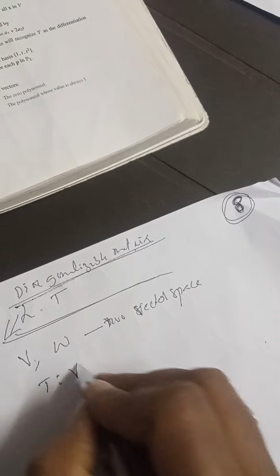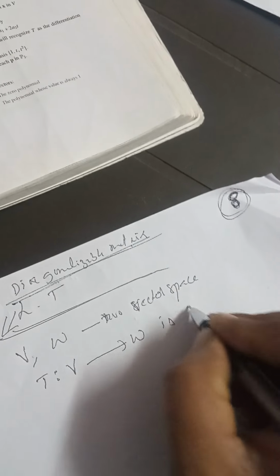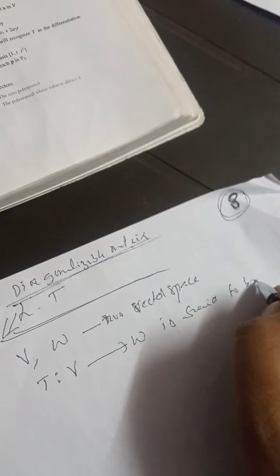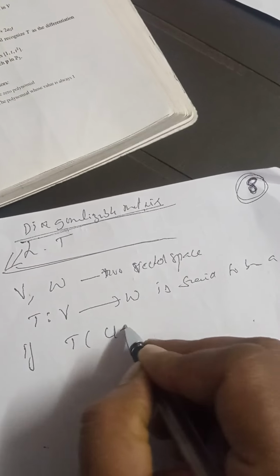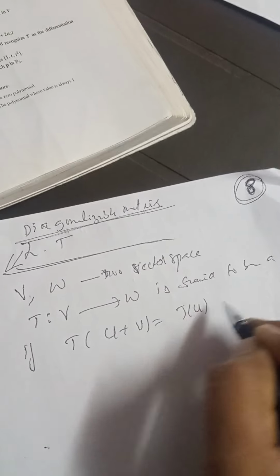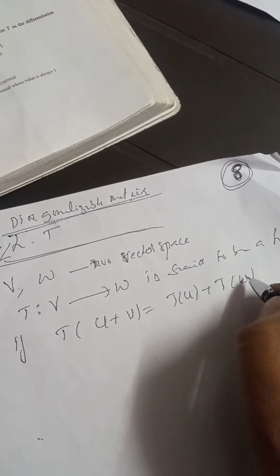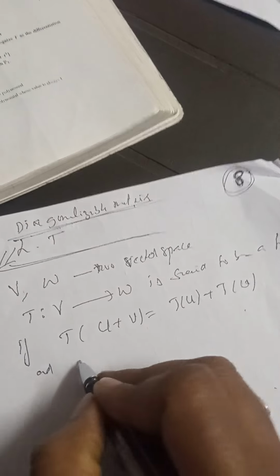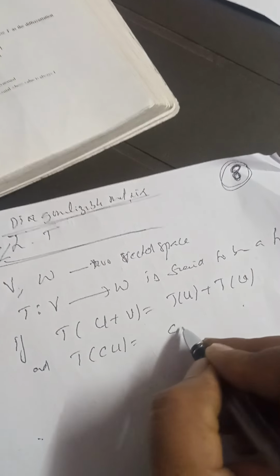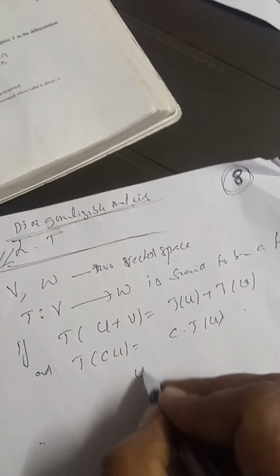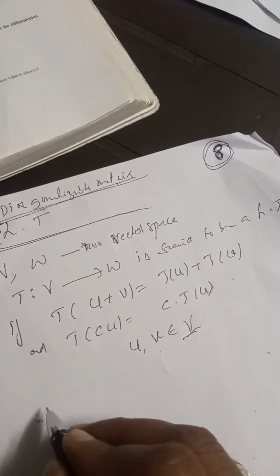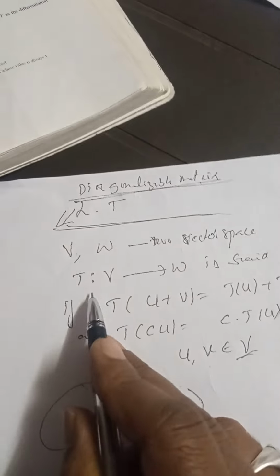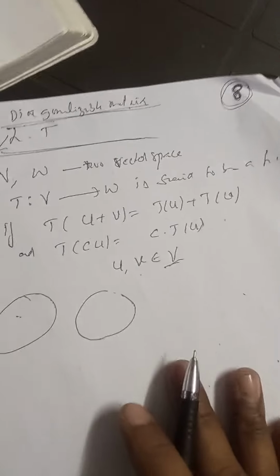A mapping T from V to W is said to be a linear transformation if T of U plus V is equal to T of U plus T of V, and T of C times U is equal to C times T of U, where U and V are any two vectors in V, right? Now, if those two conditions are satisfied, then the mapping is said to be a linear transformation.